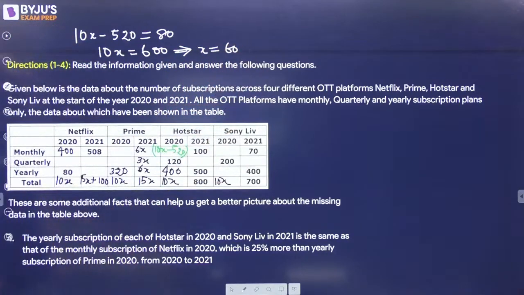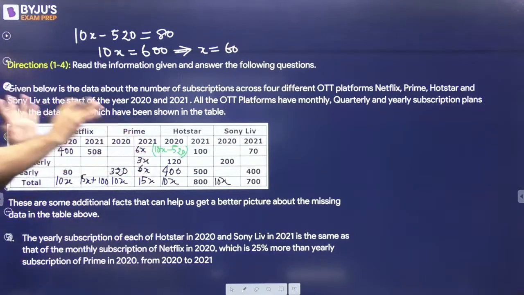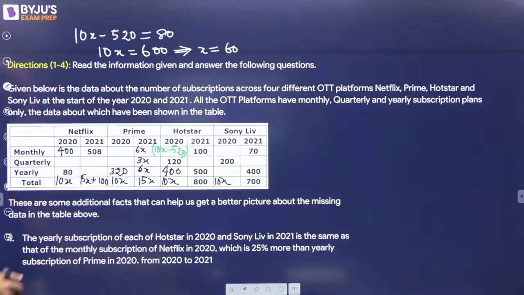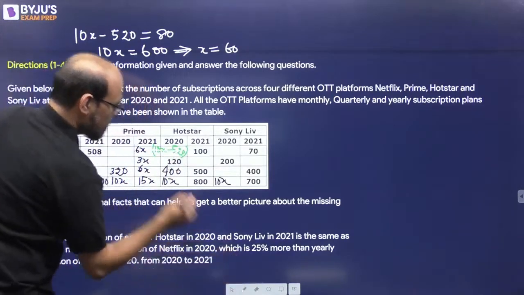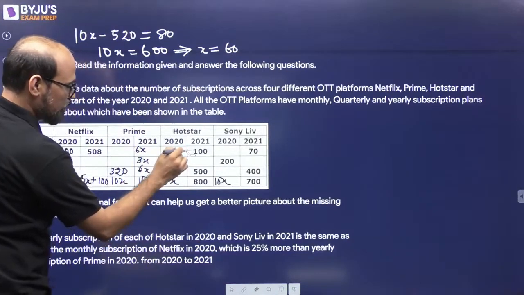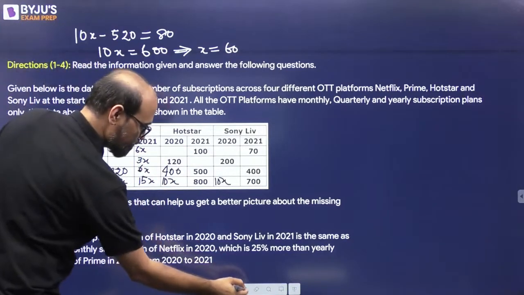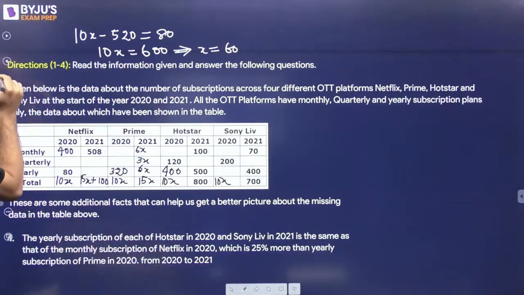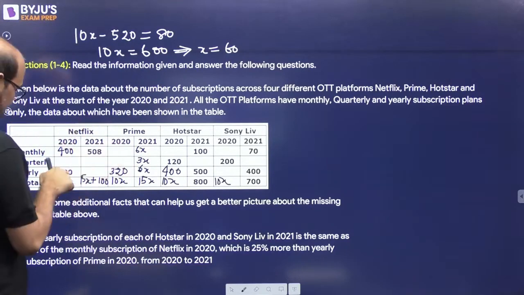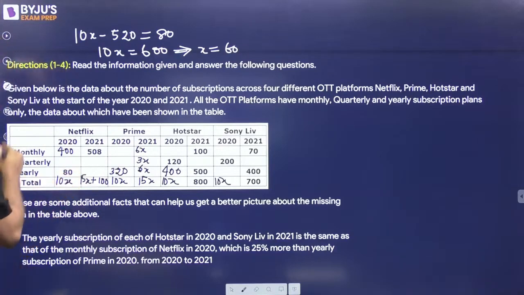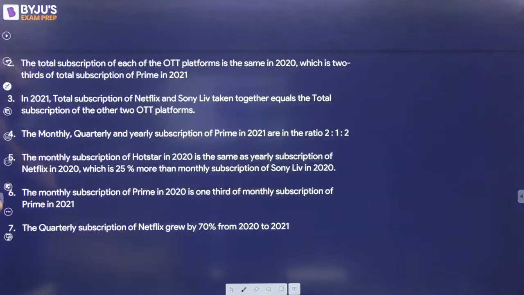The moment we have x is equal to 60, I think it will be much easier that we put in the values right away, है ना? तो पहले आराम से करते हैं. इधर में let's erase this. We know that this is going to be ये 80 था. Netflix 2020 ईयरली, ठीक है.